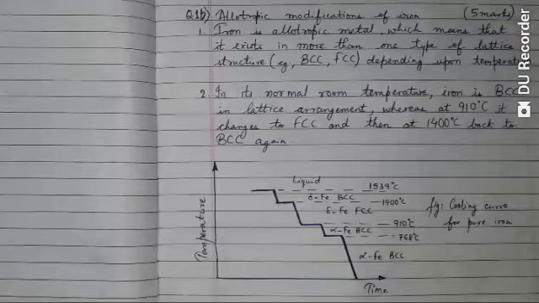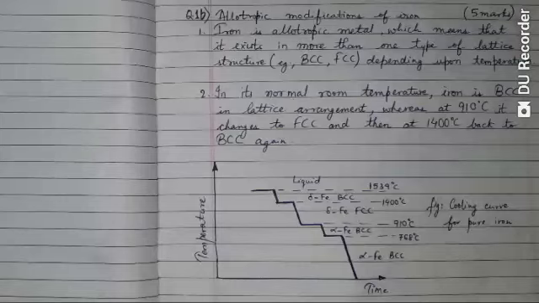The same thing has been represented in this diagram, that is BCC, okay, up to 910 degrees Celsius, and then it becomes face centric, and then again at 1400 degrees Celsius it becomes BCC. So BCC up to 910, then it becomes FCC, then after 1400 degrees Celsius, then again BCC.